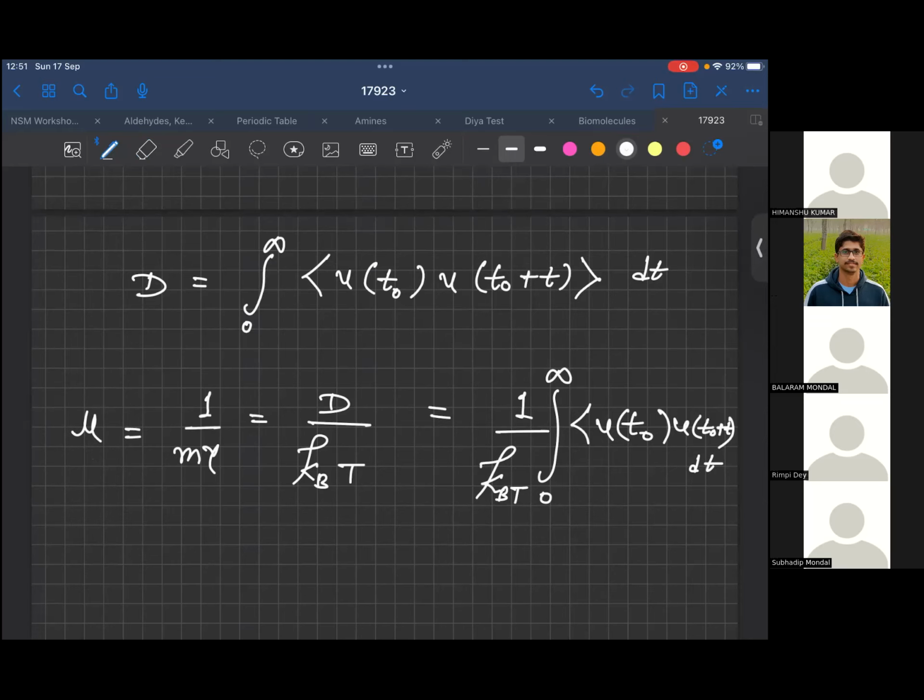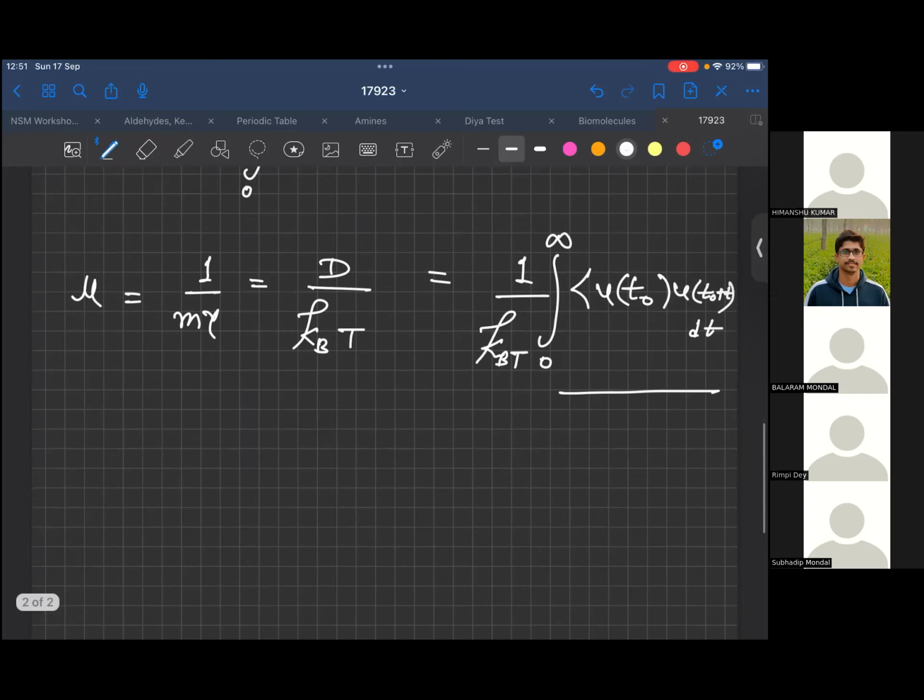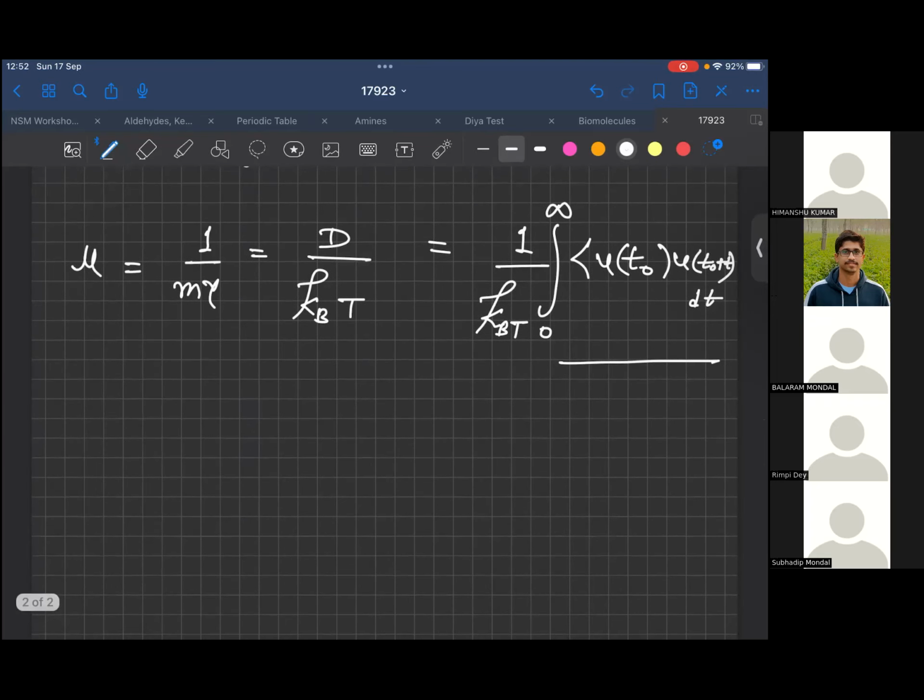And this whole relation, mu equals the velocity correlation of the particle undergoing Brownian motion, was manifested by Einstein in the year 1905, and hence we know that the idea of the fluctuation dissipation theorem was there from the very beginning, and it actually came into action when we consider the classical equation of Langevin and the random force.